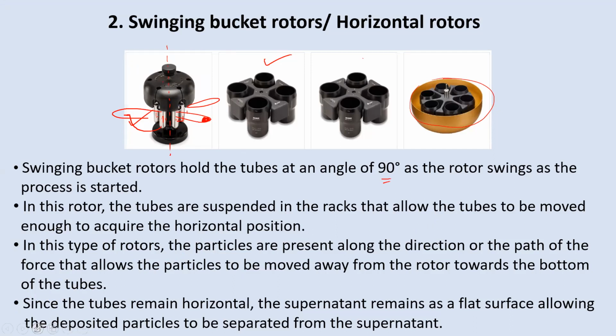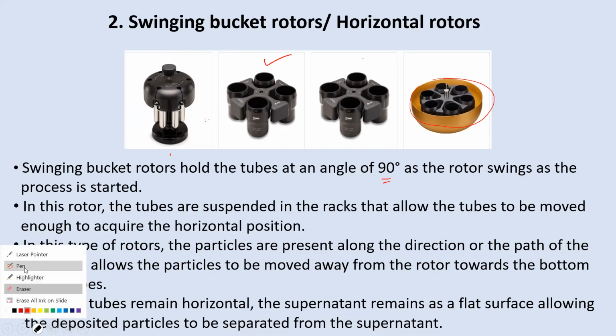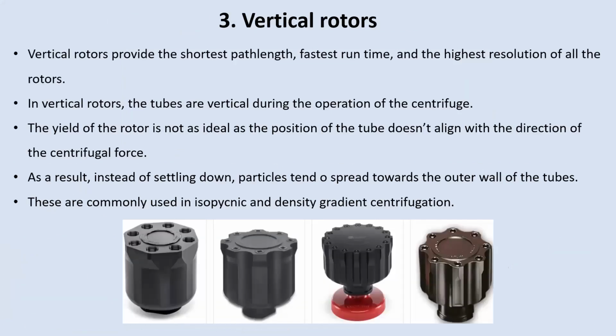Since the tubes remain horizontal, the supernatant remains as a flat surface, allowing the deposited particles to be separated from the supernatant. So now in this, you are going to get a clear cut pellet and a clear supernatant because of the tendency of the particles to move away from the rotor.